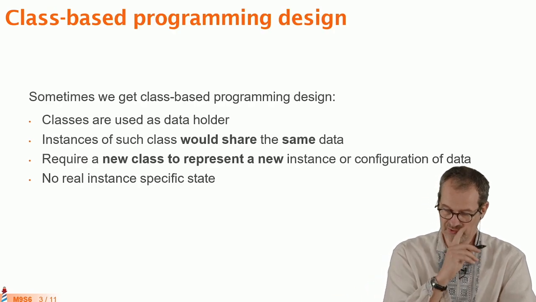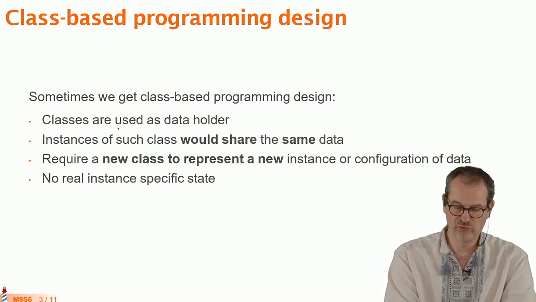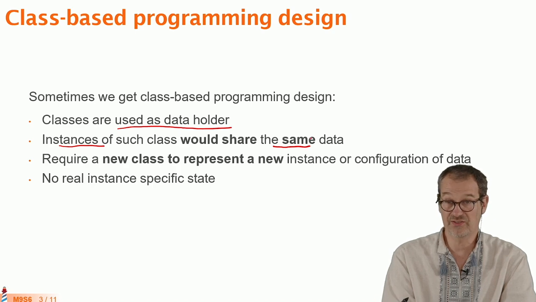What you see is that sometimes you get class-based programming designs where classes are used as data holders, in the sense that instances of such a class would share the same data. So this means that all your instances will have the same values.